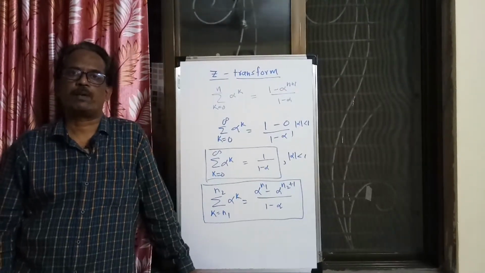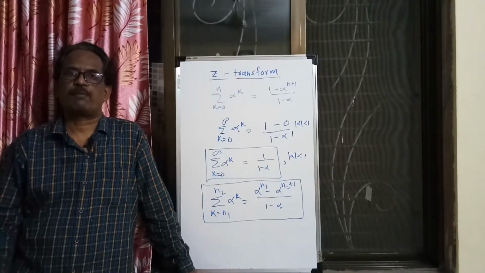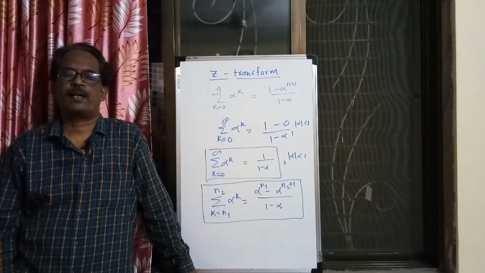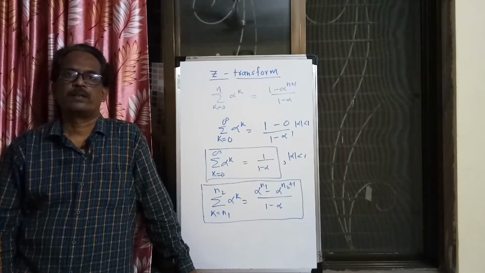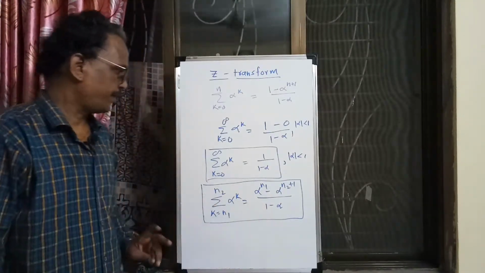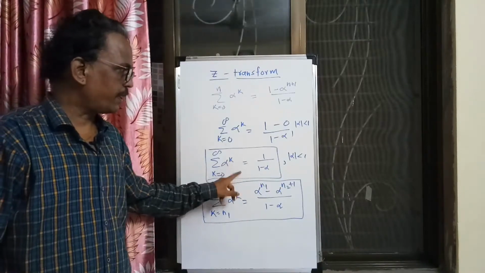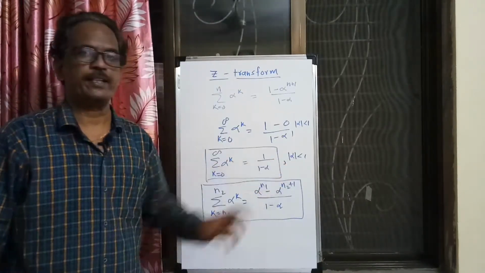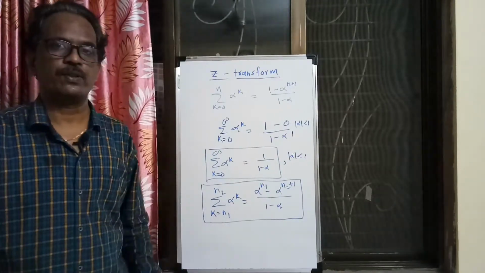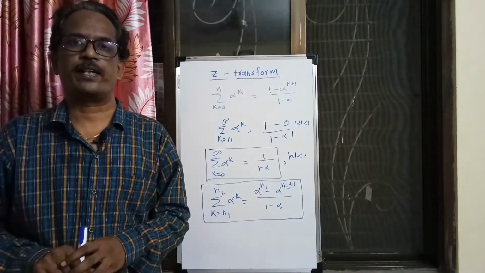Alpha may be negative, alpha may be constant, alpha may be complex. As long as n1 and n2 are less than infinity, the formula is going to give the result. The infinite formula is only used when the magnitude of alpha is less than 1, and this one is for any value of alpha as long as n1 and n2 are finite.